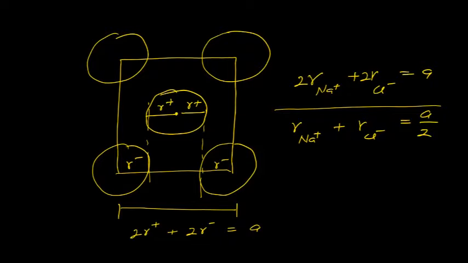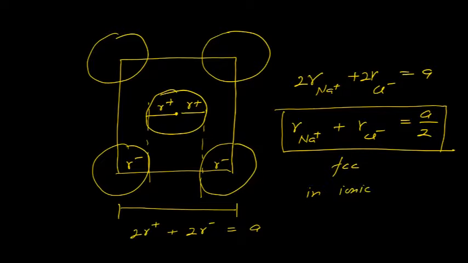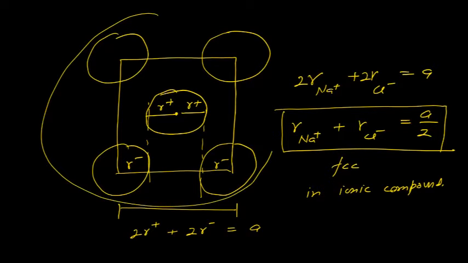So this is the formula you will be using for FCC in ionic compound, which obviously gives you the approximate value of the radius. Is that clear? So in reality, because the compounds are not completely packed, this is the formula used.